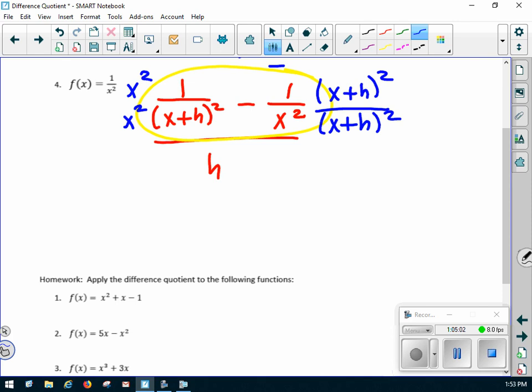Why do I have to multiply top and bottom by the same thing? Because I'm just multiplying it by 1, and when I multiply anything by 1, does the value change? No. Good, just the way it looks. All right. So now, I've got x squared minus x plus h squared.